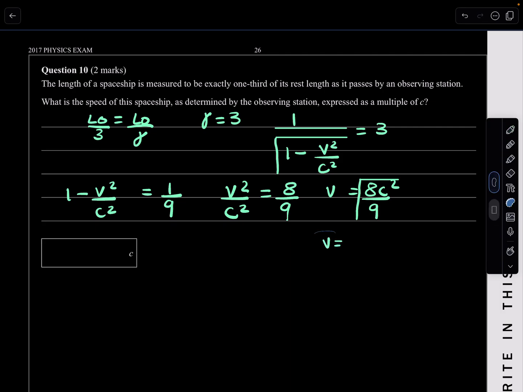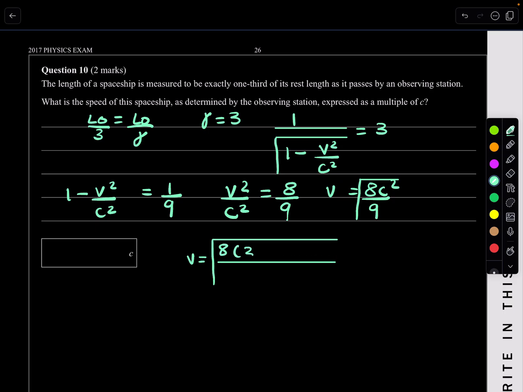So our velocity is equal to, let me write it over here, the square root of 8 times c squared, which is 3.0 times 10 to the power of 8 squared, over 9.